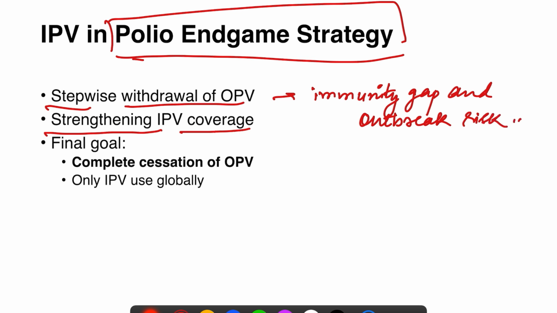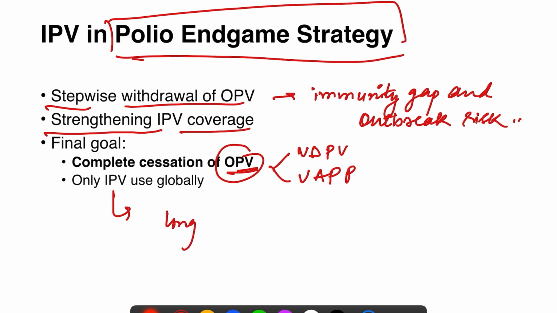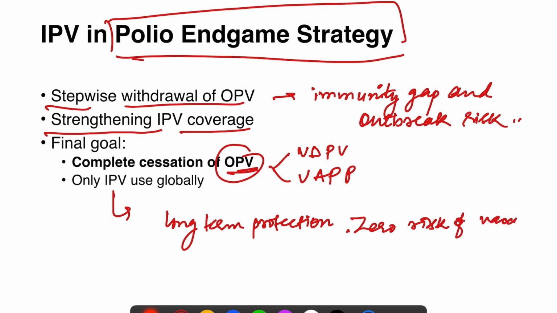Ultimately, the final goal is to completely cease the use of OPV, because OPV has a risk of vaccine-derived polio virus and vaccine-associated paralytic polio. Therefore, IPV use ensures long-term protection from polio and zero risk of vaccine-related polio.